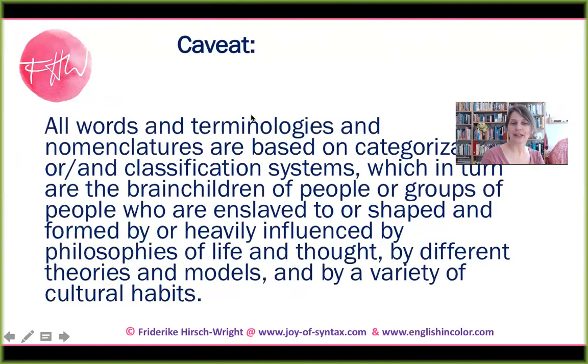Okay. Now I already gave you the caveat about terminologies. And another side note: terminologies and nomenclatures are similar, not quite the same. So there's terms, terminologies, nomenclatures. And then some people distinguish between categorization and classification, and the verbs to categorize and to classify. And for some people, these two are synonymous. So be careful when you discuss these with people.